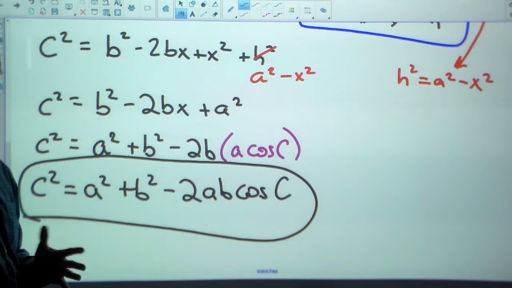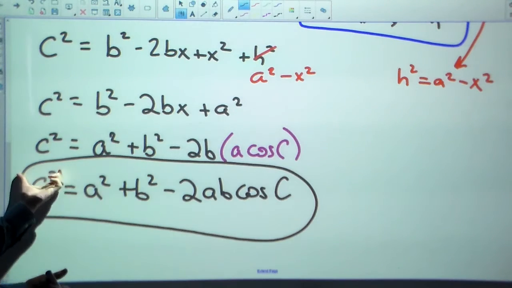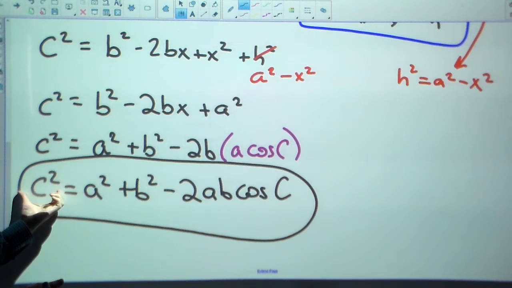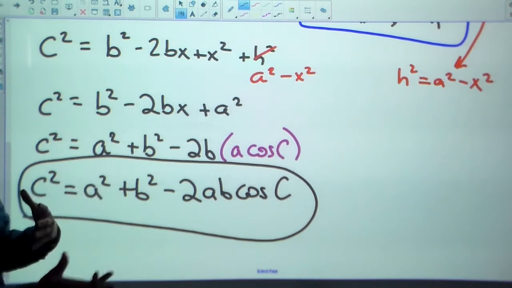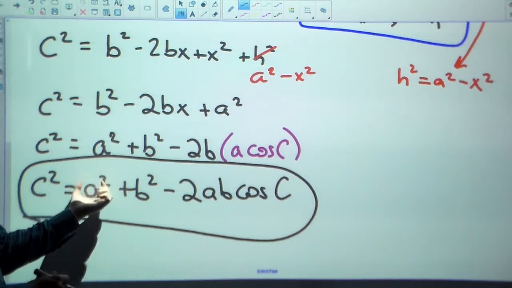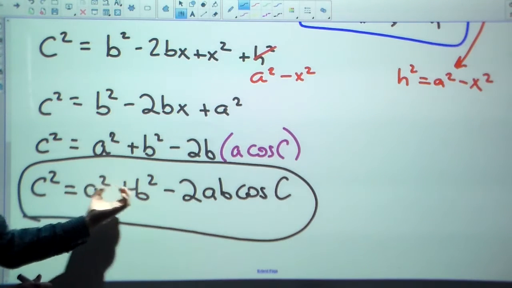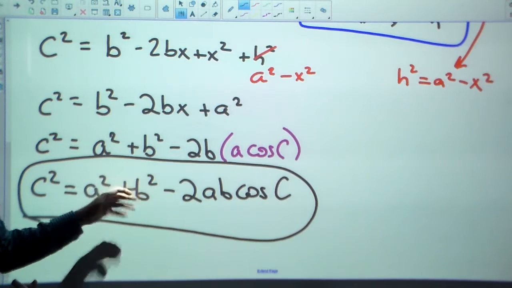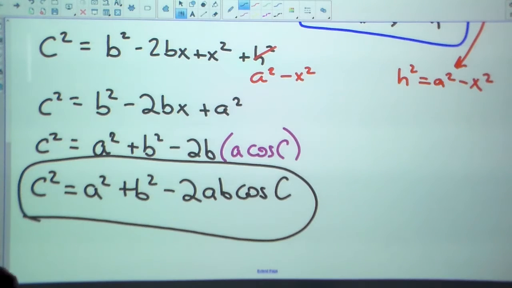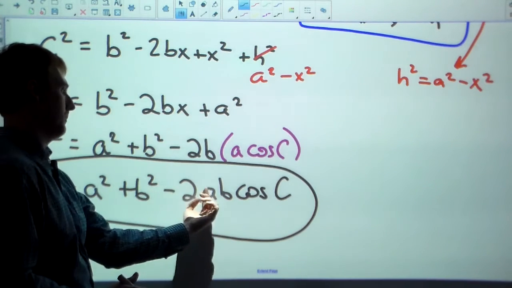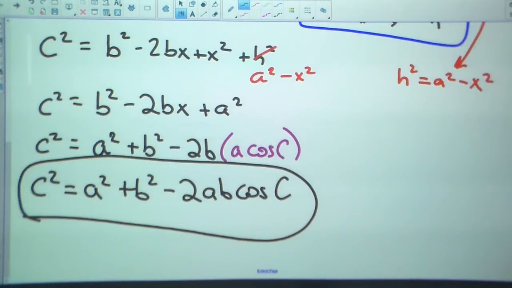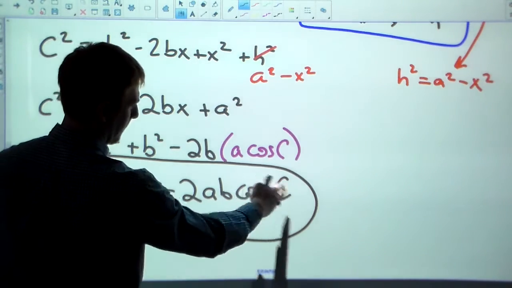Where it's different from the Pythagorean theorem, whichever side of the triangle is by itself, regardless of whether it's the hypotenuse or whatever it is, on the other side of the equation you put the other two sides squared plus each other. So it's sort of like the Pythagorean theorem in that regard. And it's always minus 2 times the other two sides multiplied together. And here's the key thing to remember.